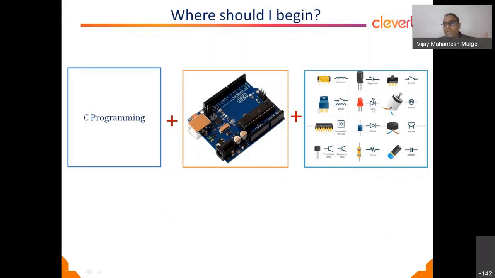So we need to be good at C programming, then take up an Arduino board, and then, as I told, design hardware using some simple electronic components. With this little combination, you are good to go as an embedded engineer, right?